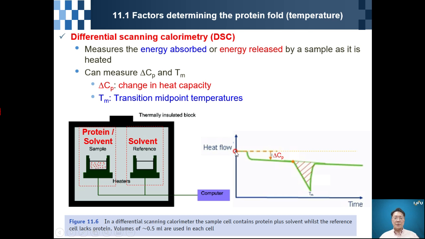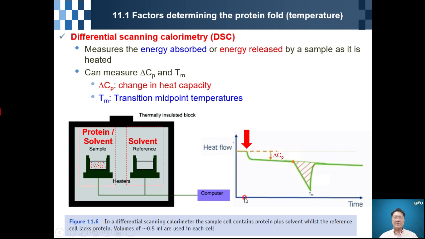When the sample absorbs energy, the graph will decrease because the sample absorbs the energy. When the sample releases energy, the graph will go upward like this. This is the baseline.